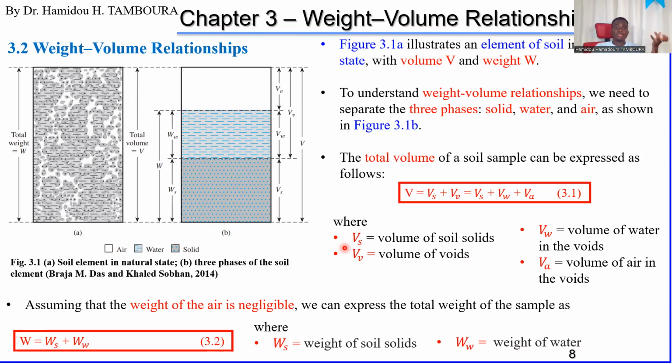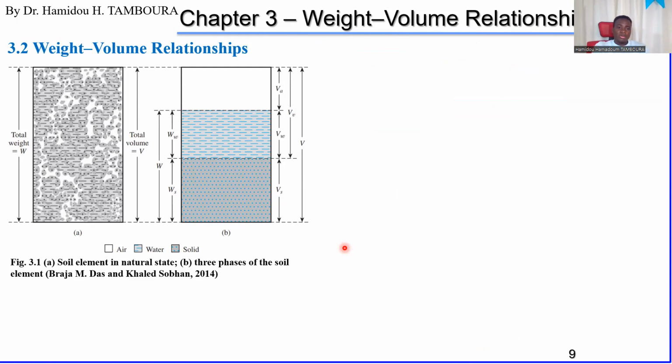We consider that as the total weight, total mass, if you wish, because some people will work with mass, some people prefer to work with weight. So I hope you know the difference between mass and weight. Mass is just in kilogram, and weight is in Newton or kilonewton. That's the difference. Okay, so I'll keep this figure here because we will use it from now on.